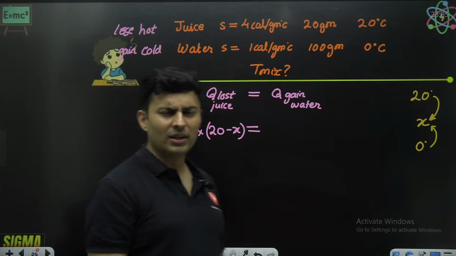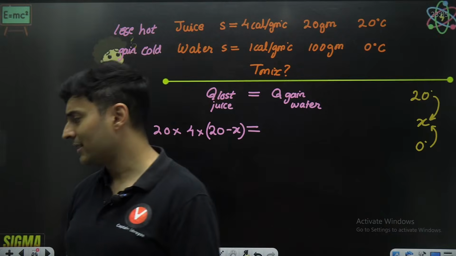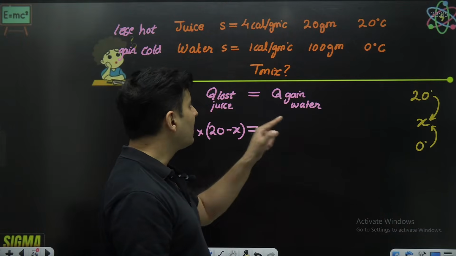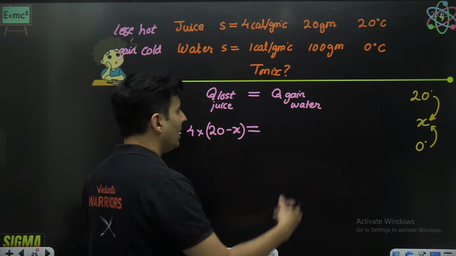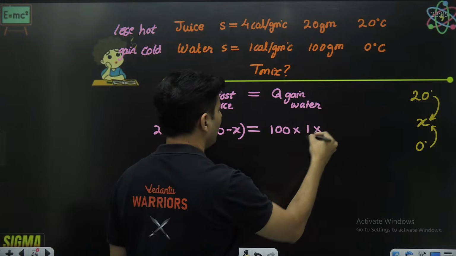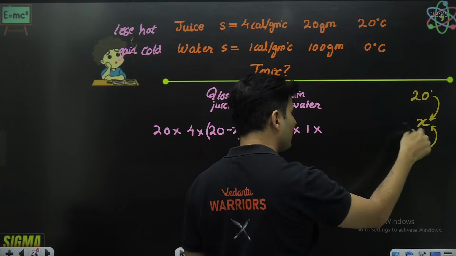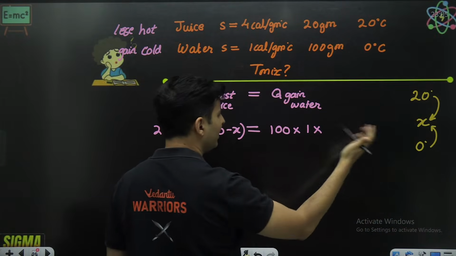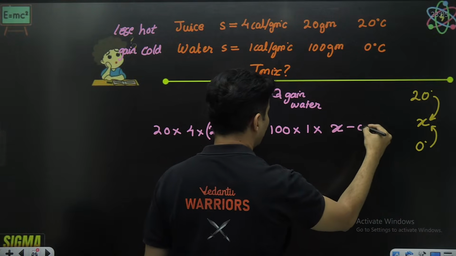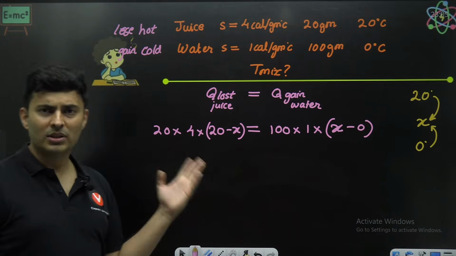Why is it 20 minus x, not x minus 20 or x plus 20? Similarly, the heat gained by the water, mass of the water, that's 100. Specific heat capacity 1. Positive difference of the temperature is x minus 0, of course. Just take the positive difference on both the sides.